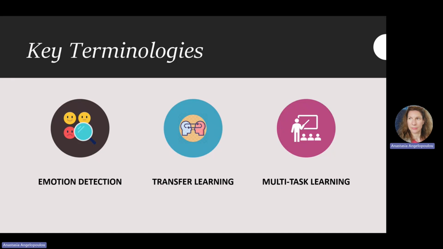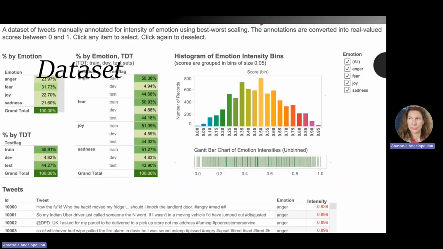Moving forward, I will come to the data set that we are using. This is a public data set. If you look at the bottom, it has tweets, emotions, and their intensities. There are four emotions, like four classes: anger, fear, joy, sadness.